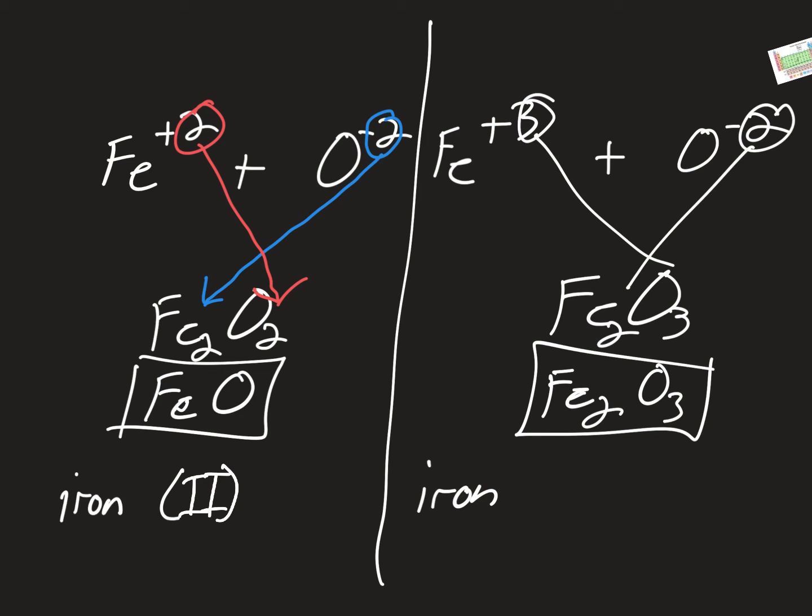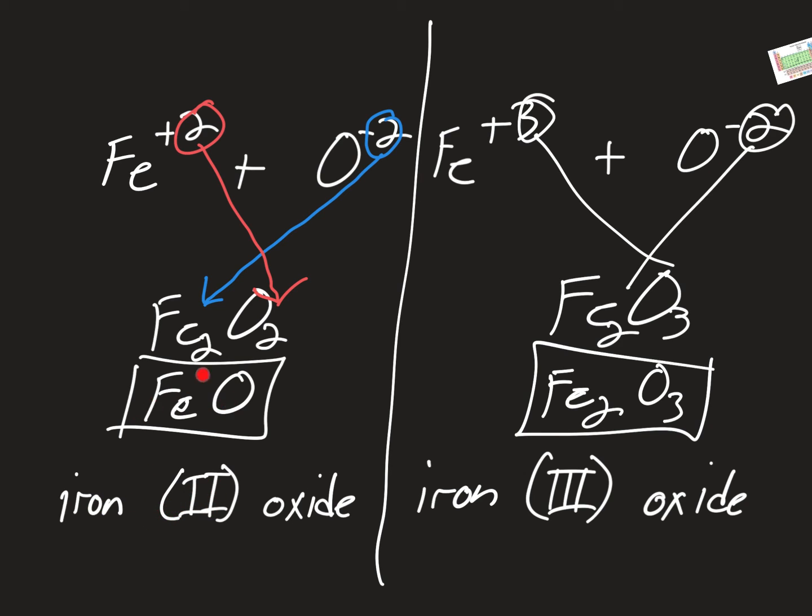And then you translate the last one just like normal, where you end it with IDE. If you don't remember that, look into that last video. Oxide. However, over here I have iron 3 oxide. And so see, that name is needed in order to say which iron you were using.